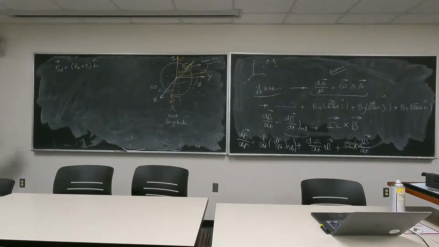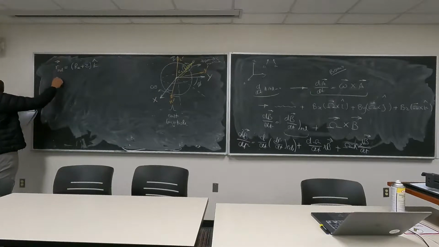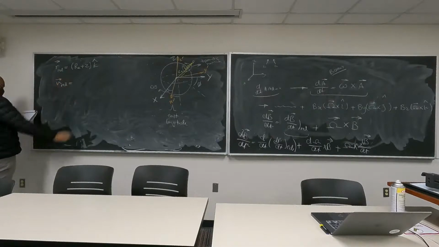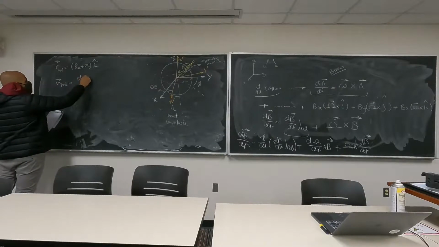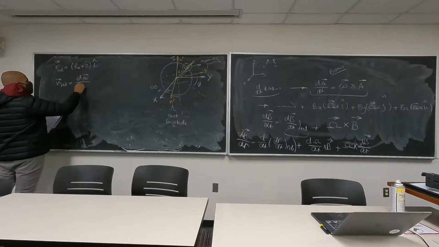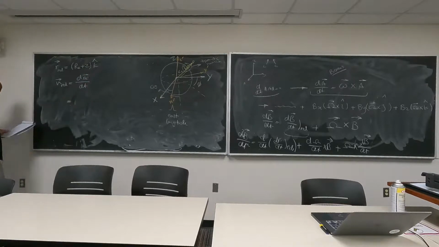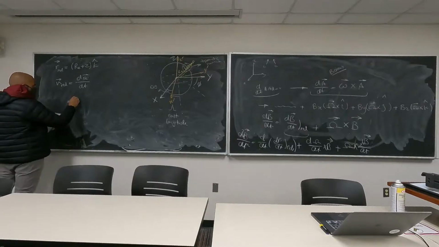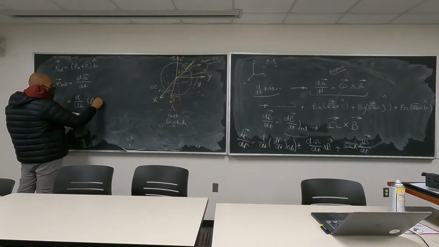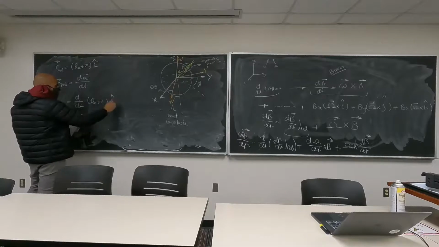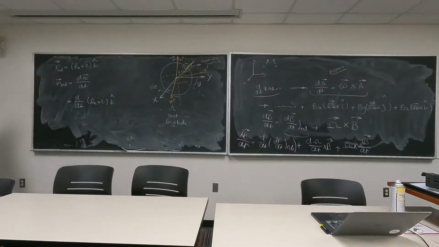We are writing it for the green one. So your v relative is going to be equal to d relative with respect to t, which is going to be equals to d dt of RE plus Z K. So what is this?